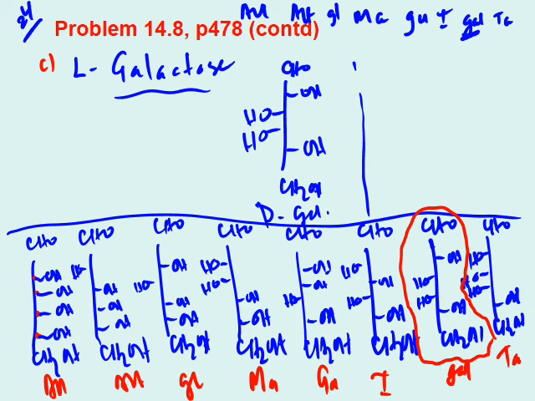Let's draw that in red so that you know that's your answer. Again, right becomes left, left becomes right when you take the mirror image. So OH will be on the left now, from right it becomes left. Those left OHs become right, OH, OH, and the first one will be OH here.